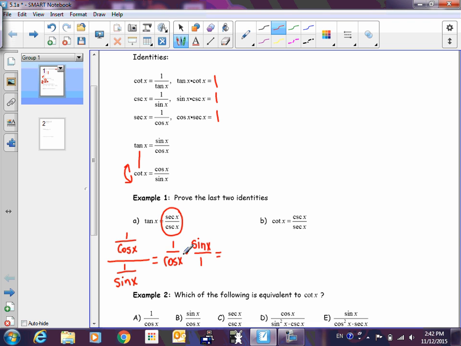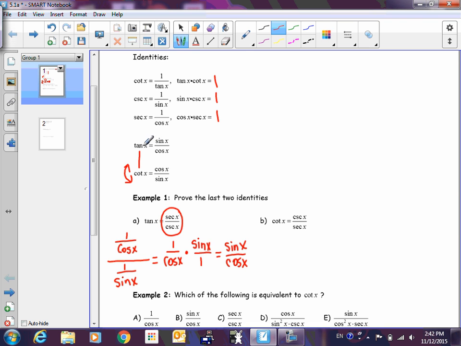And when you have fractions like this, you can just do 1 times sine, that's sine x. Cosine x times 1, that's cosine x. And the good thing about identities is we can use any of these identities. So do you see sine x over cosine x anywhere up here?